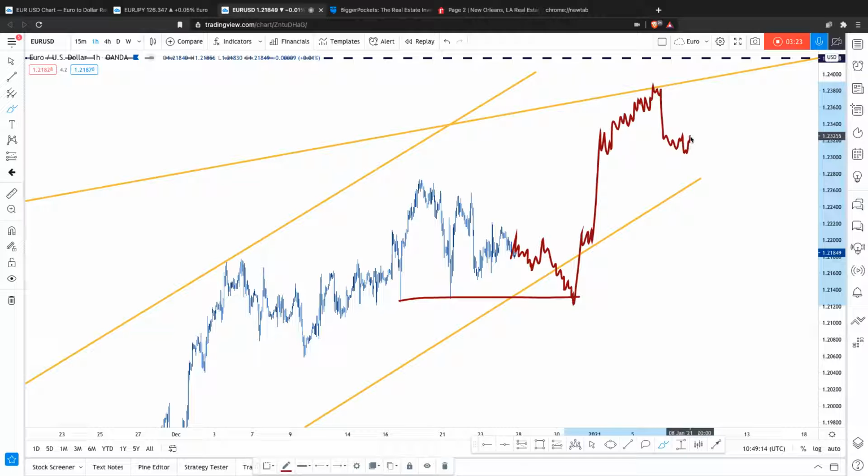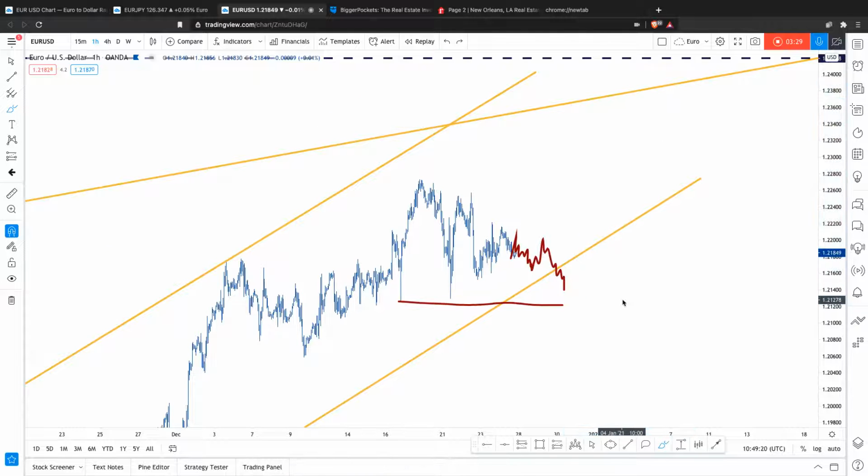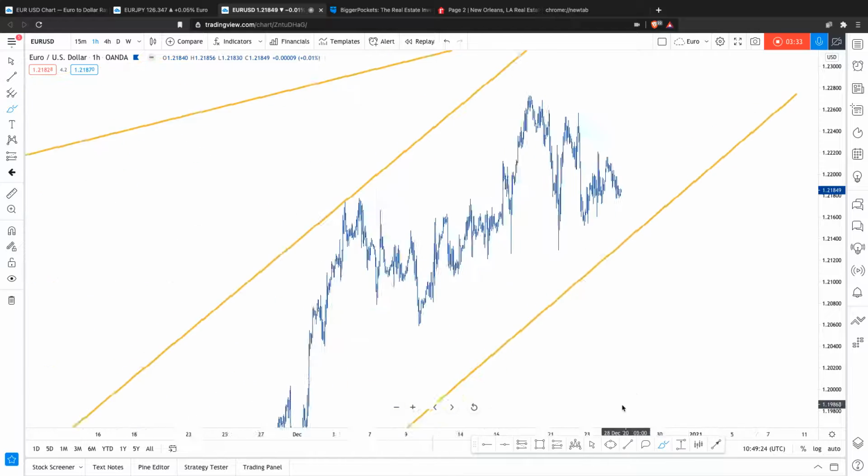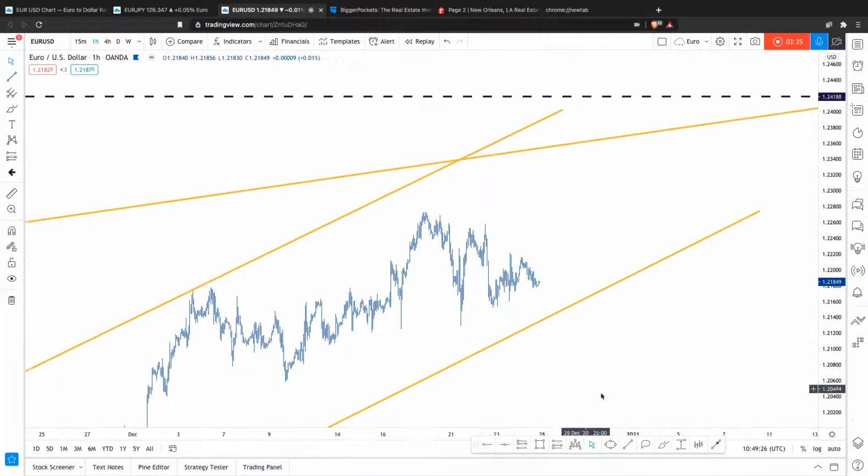Because at this point, we're likely not going to get the third touch of this ascending. But if we get the third touch of the larger ascending, that's more important. That's a possibility as well. But also, we don't have to retrace out to the trend line. We could push up as we are now, right?